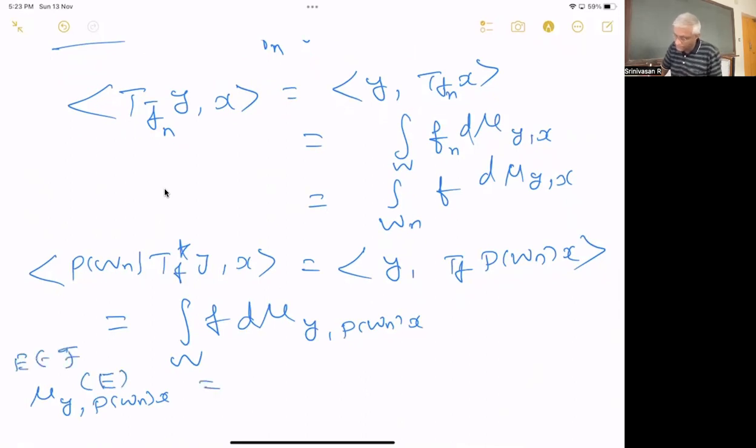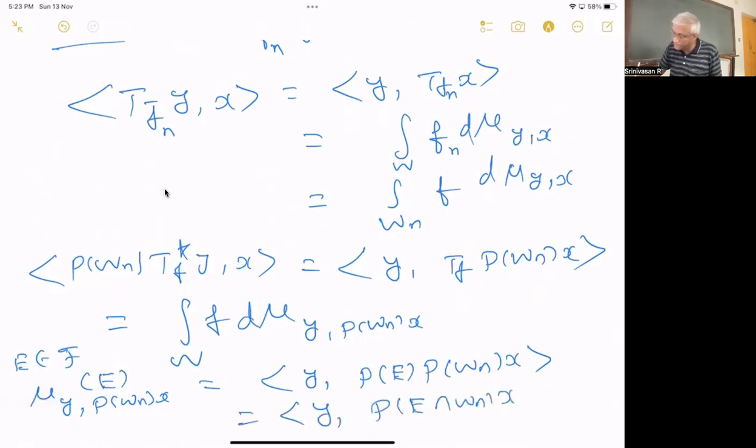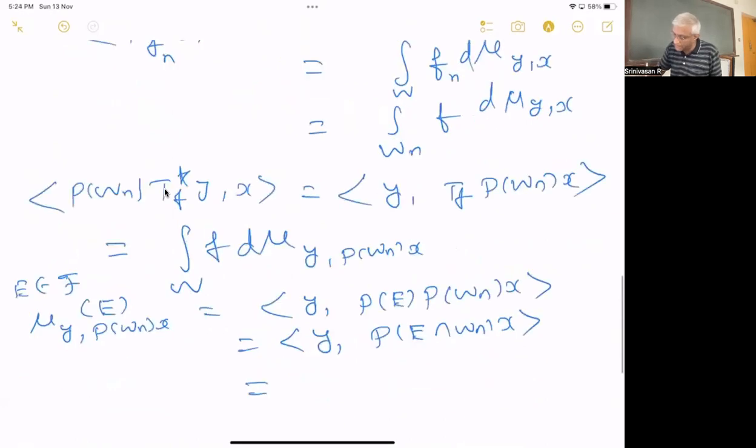That is equal to the inner product of y with P of E, P of omega n x, by definition. Instead of x, I have P of omega n x. Now that is equal to y, P of E intersection omega n, x.